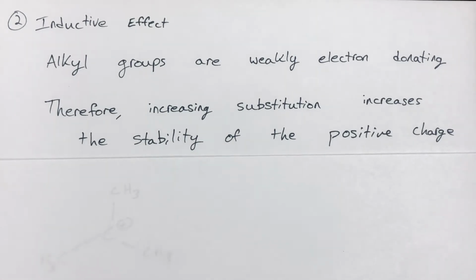You can think of this kind of like resonance as well, in that in resonance you're moving the positive or negative charge to different atoms, and we know resonance is a stabilizing effect for that exact reason.